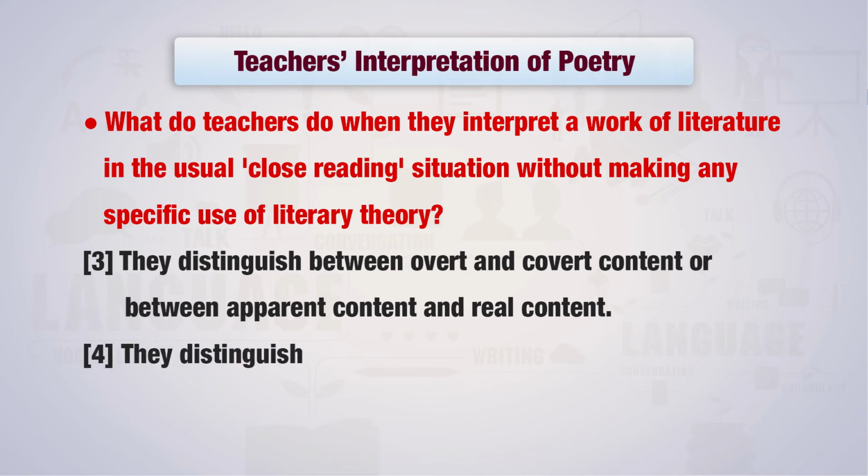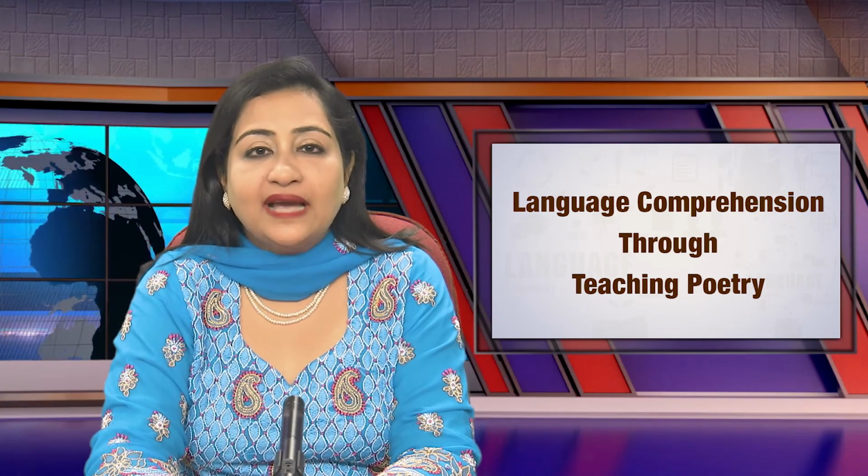The fourth, the teachers can distinguish between meaning and significance. So what exactly is the difference between meaning and significance? Meaning is something inside the work. Significance is something the readers have to work at to perceive in the work, something which may necessarily be shifting.